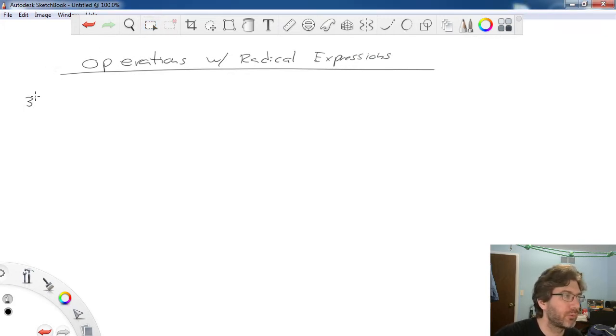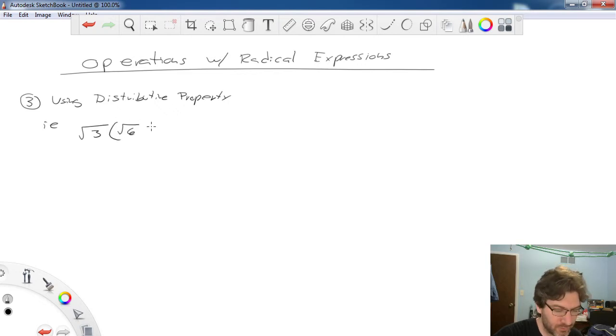So the third topic we want to look at is using the distributive property. This is a little different than what we just did with the distributive property, but I'll show you. This is like your common distributive property stuff. Like example, we have the square root of 3 being distributed to the square root of 6 plus 7 or something. Right?